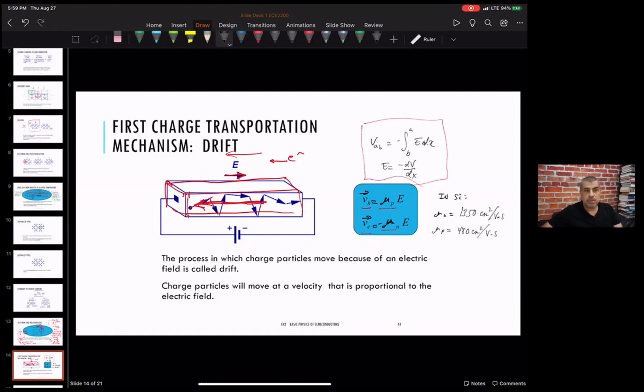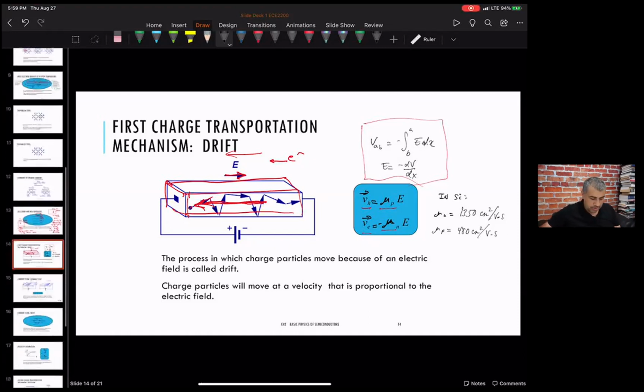It depends on whether you're talking about electrons or holes. And as a function of the electric field, that's one current. And the mobility of the carriers in that material gives you how much current you'll end up with. Okay, so that's probably saying too much.